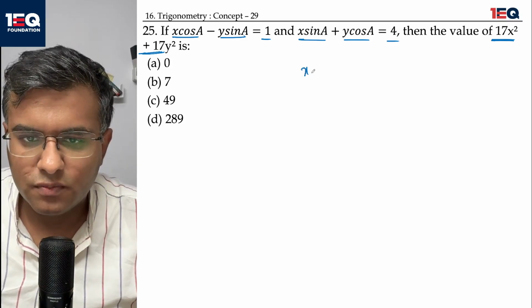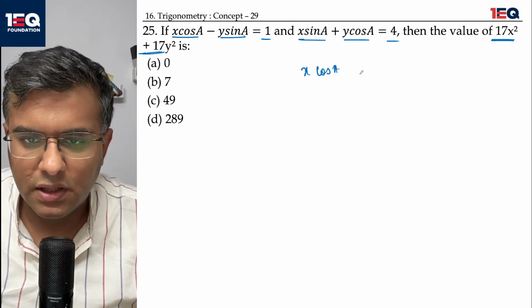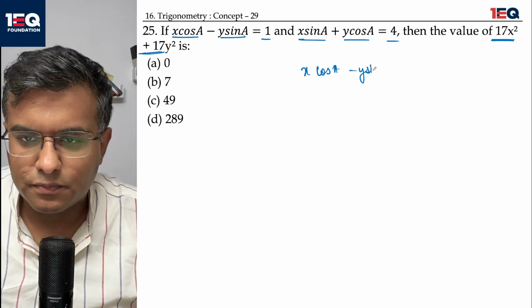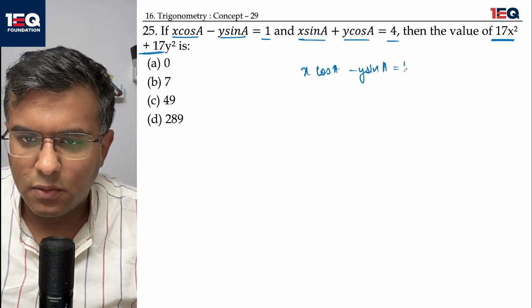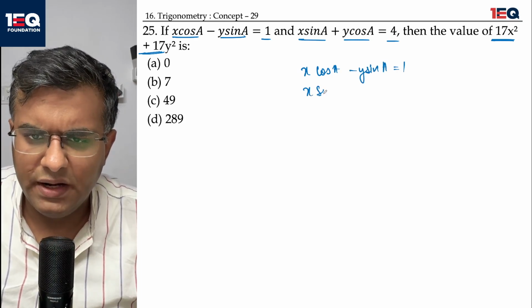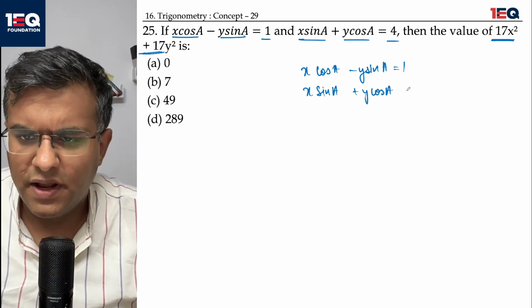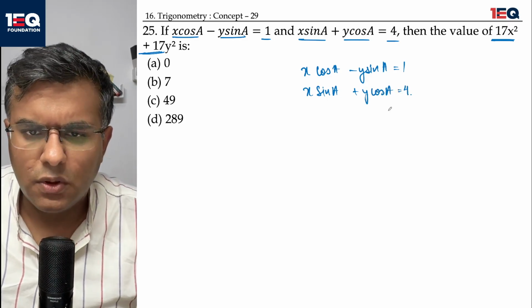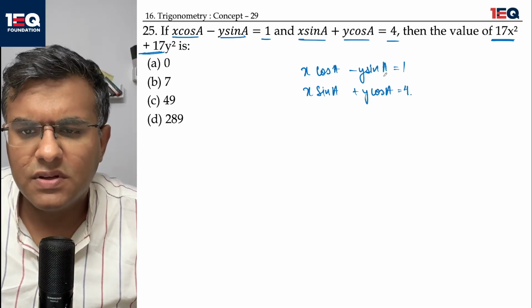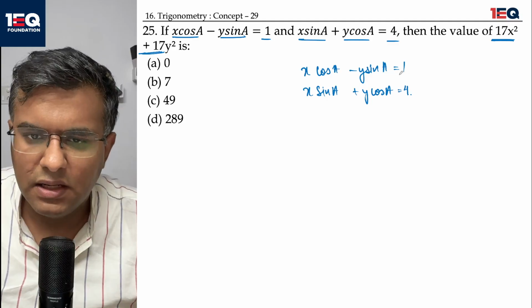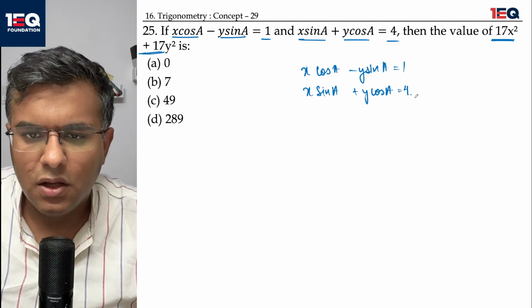So when I do x cos a minus y sin a equal to 1, and x sin a plus y cos a is equal to 4. So x cos a minus y sin a, and x sin a plus y cos a.